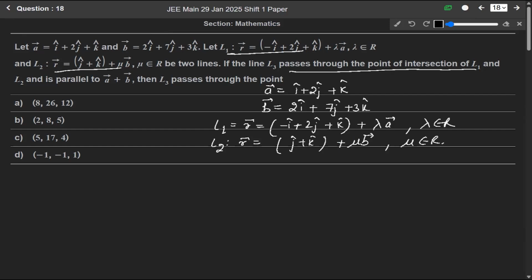So for these 2 lines, with vector a and vector b given like this, the general form of lines L1 and L2 can be written.